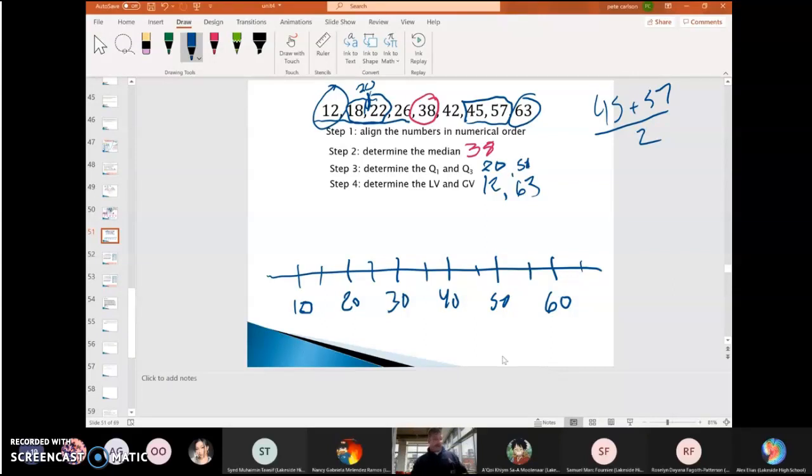And again, guys, you're going to get some practice with this with your Delta Math activity for today.